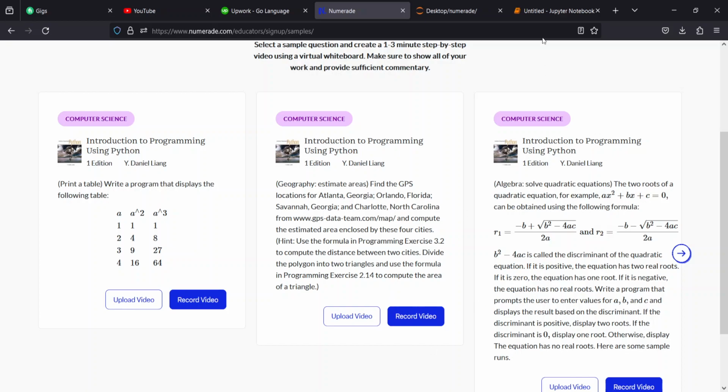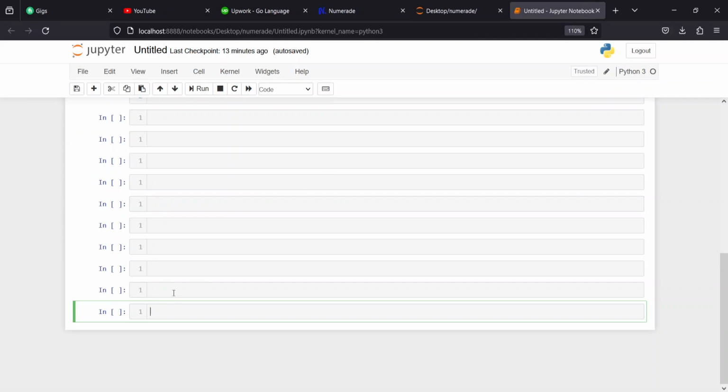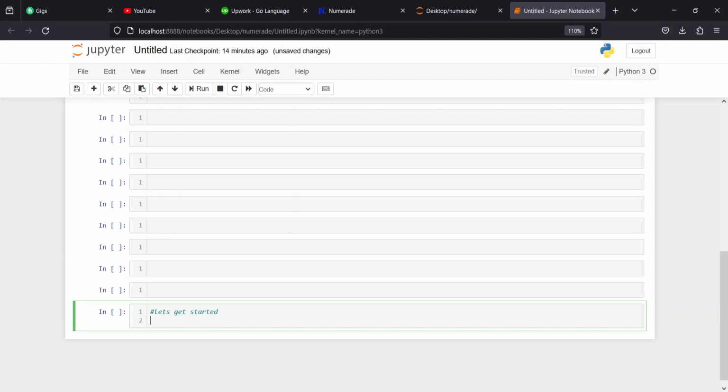So I'm heading towards my Jupyter notebook. Okay, in this cell I'm going to solve this problem. The first thing is we have to ask the user to enter three inputs. So let's do it. So a will be float.